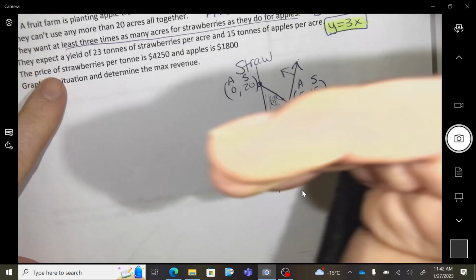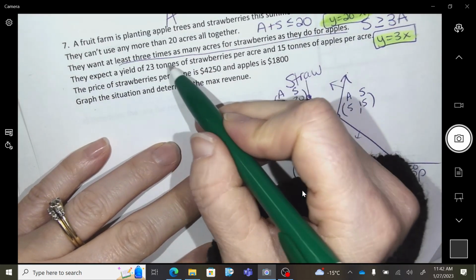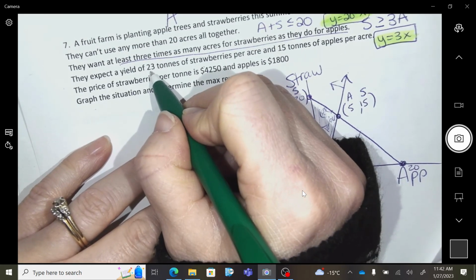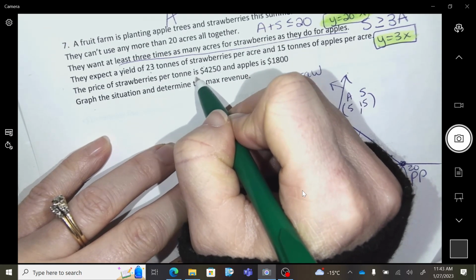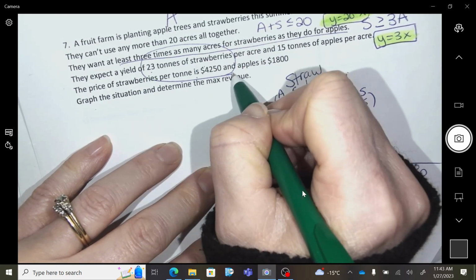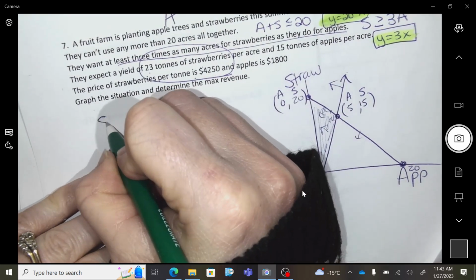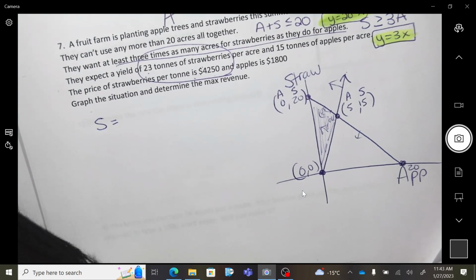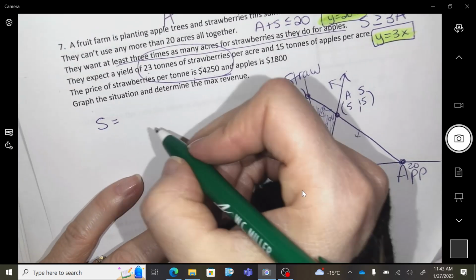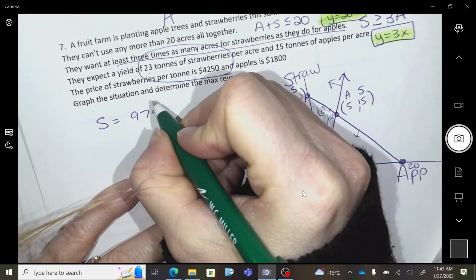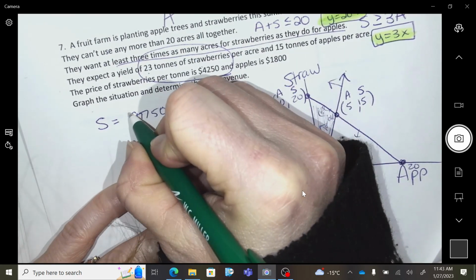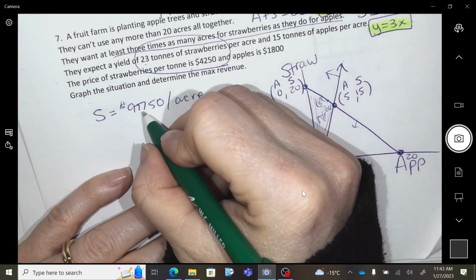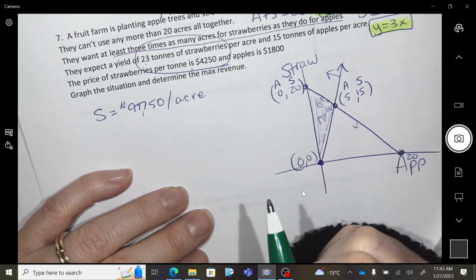So, to get the revenue, we're going to look here. We have the produce. Every strawberry acre will make 23 tons, and then every ton will give me this much money. So I'm going to times those. So strawberries, $97,750 for each acre of strawberries.